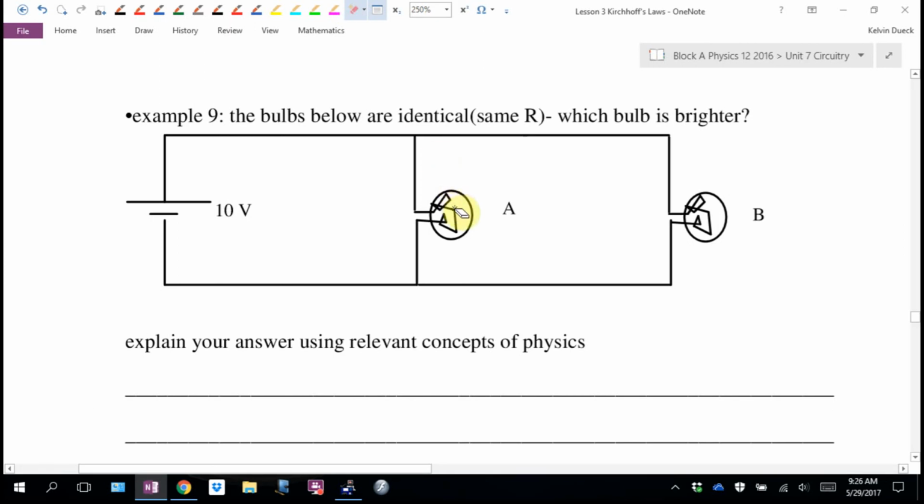How many volts do we lose going through this bulb? Must lose 10 because the current goes that way. How many volts do we lose going through bulb B? Must lose 10 volts because you can also go that way. If we have the same resistance and the same voltage, what can you tell me about the current here and here?